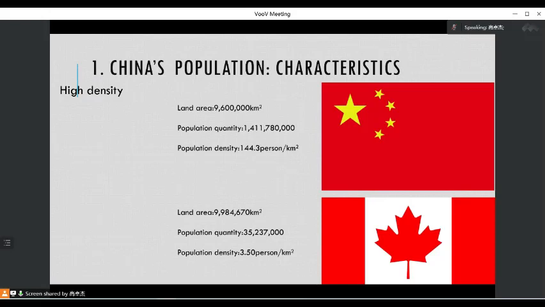In contrast, China's population density is about 144 people per square kilometer, and Canada's is 3.5 people per square kilometer. This is the density of population.